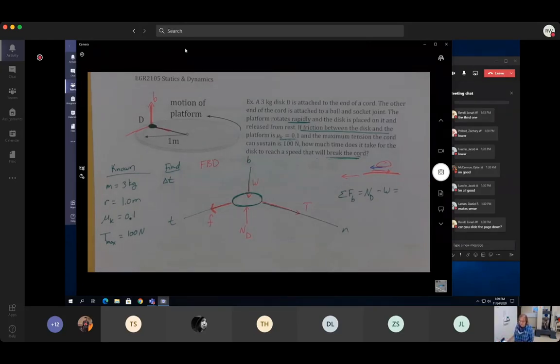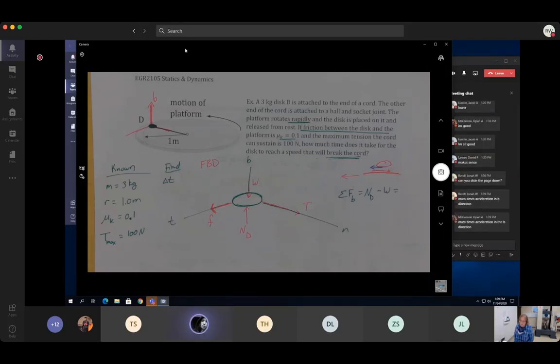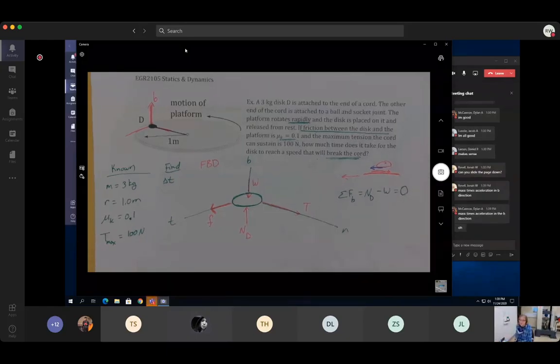They can either be equal to mass times acceleration, or they can be equal to 0. Is it 0? Why should it be one or the other here? Because it's not moving up or down. It's just moving horizontally. Yep, so we're not going to worry about acceleration in the B direction. So it's going to be just 0.